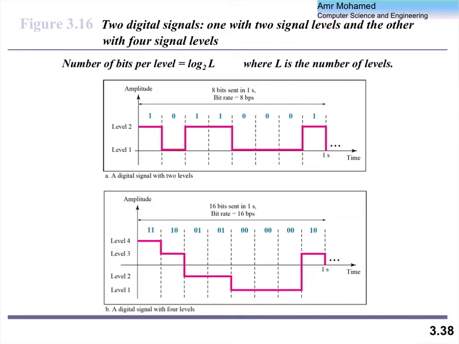If we have 4 voltage levels, we can represent 4 different combinations. And as we know, if we have the number of levels L, it gives us 2 to the power n, where n is the number of bits that we can represent.